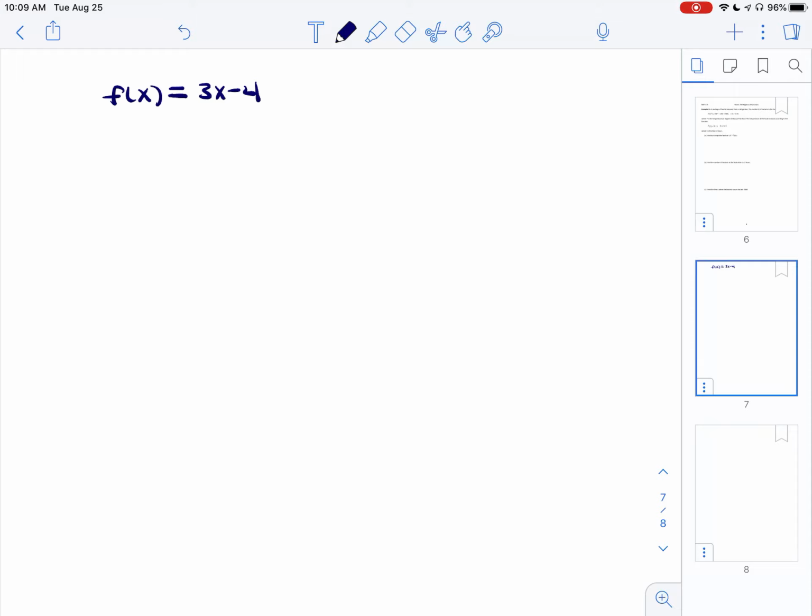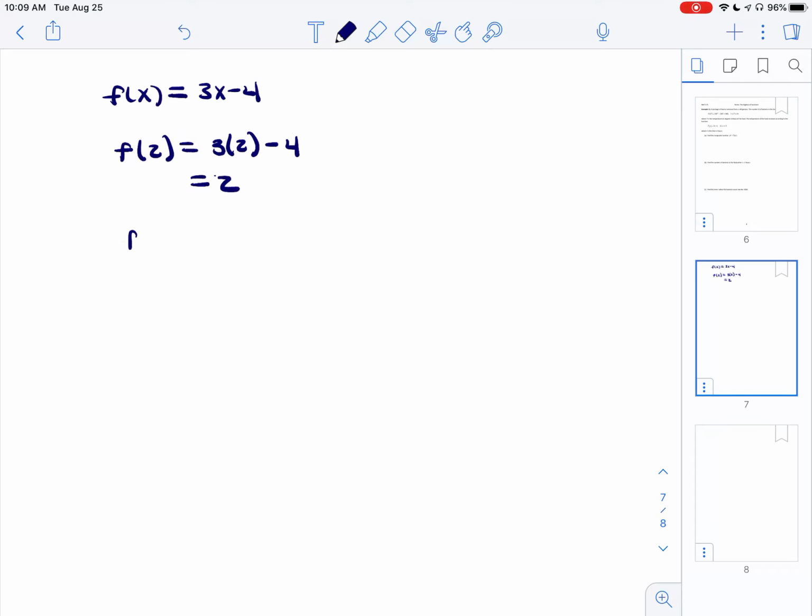And I said, all right, let's evaluate f of 2. So remember that function notation just means that we're going to take whatever value is inside our parentheses and plug it in for all of our x's. So that would be 3 times 2 minus 4, or 6 minus 4, which is 2.